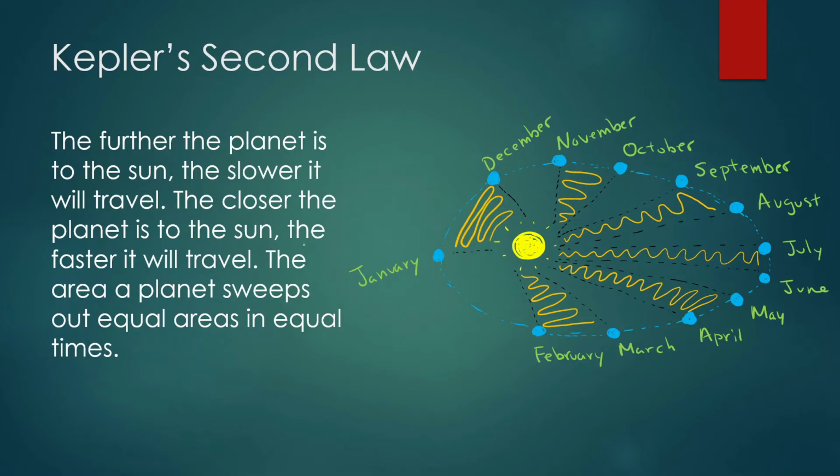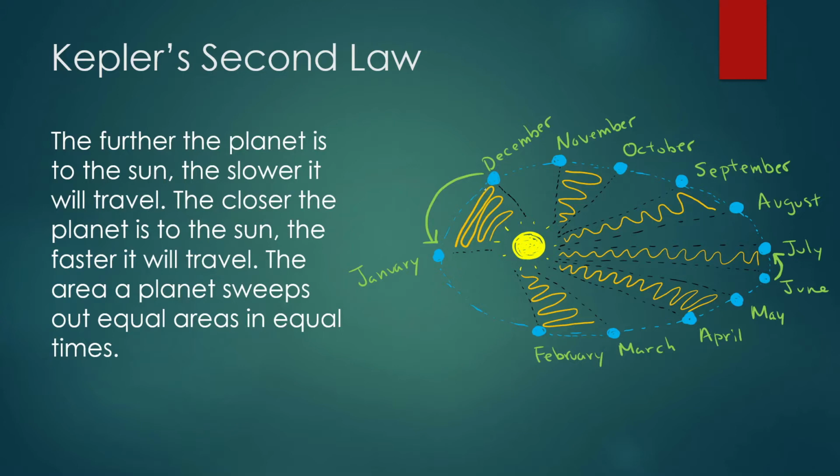But what this second law is telling us is the planet sweeps out equal areas in equal time. From June to July, the planet moves from here to here, that we can see. But from December to January, we see that it moves a lot further distance, because it's going a lot faster from December to January compared to June, July.